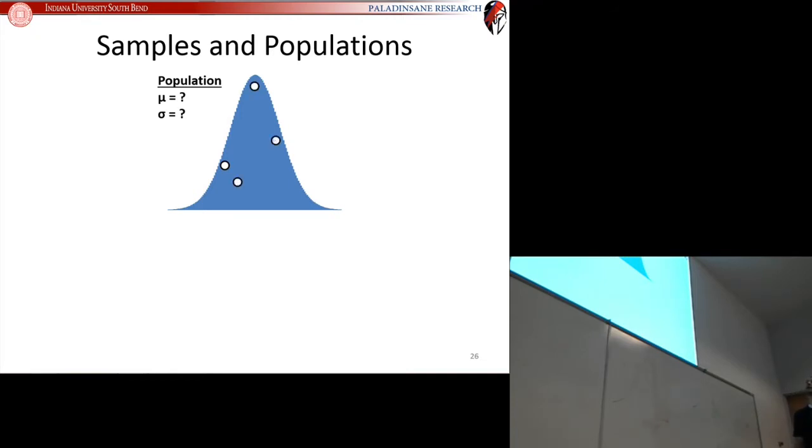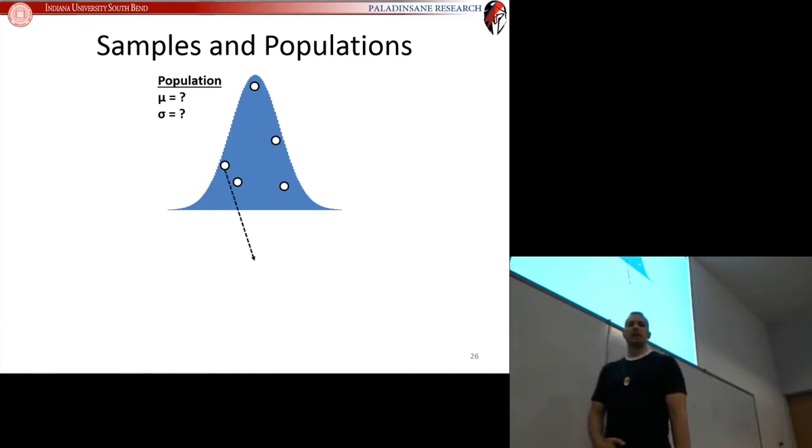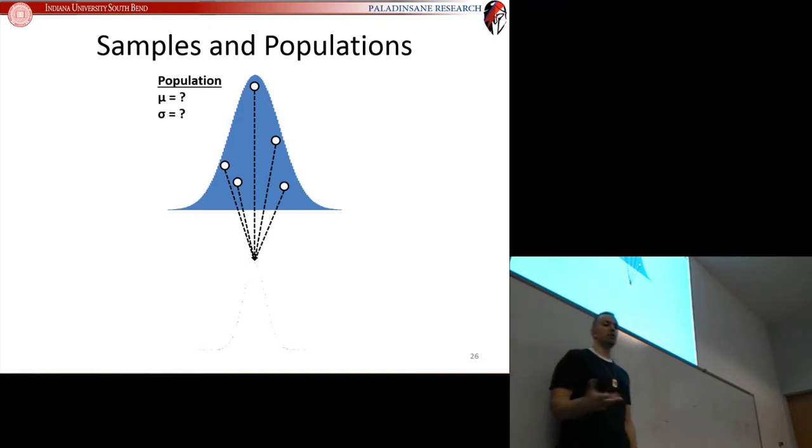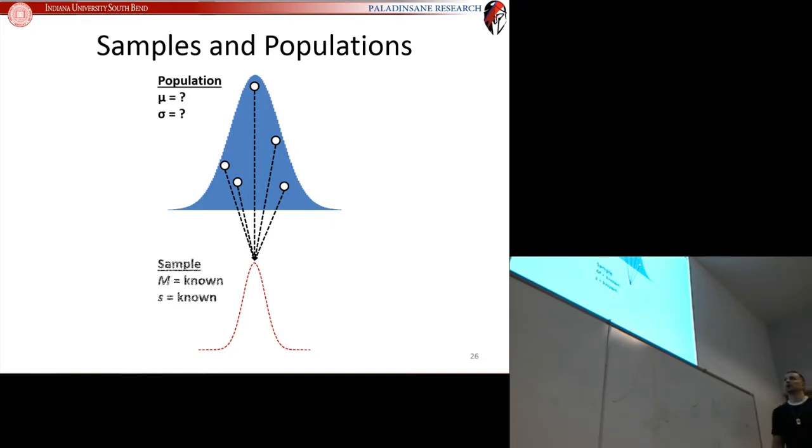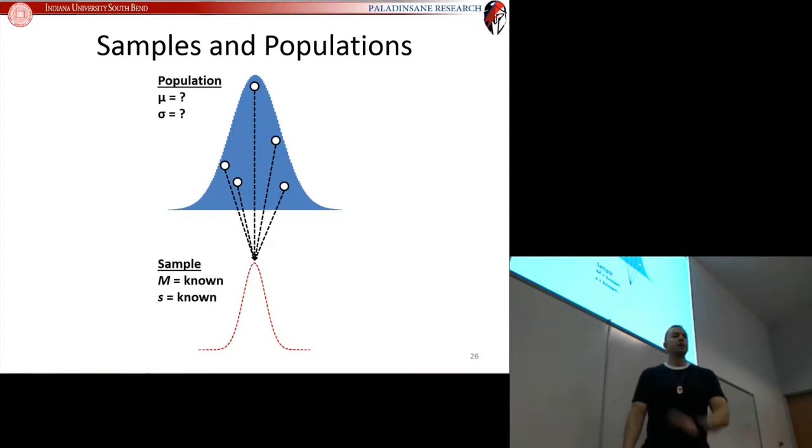These are the 5 individuals that we use in our sample, and from those individuals, we can calculate a sample distribution and actually measure their scores. So now we have a known mean and a known standard deviation. We can actually measure these. This is data that we have.